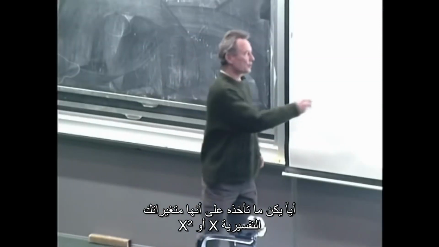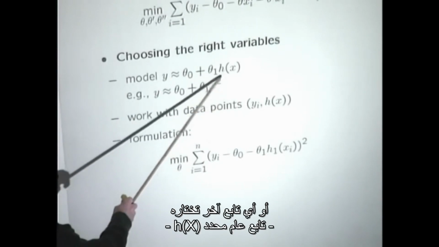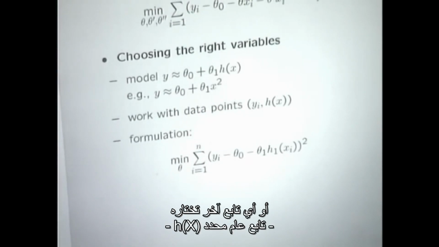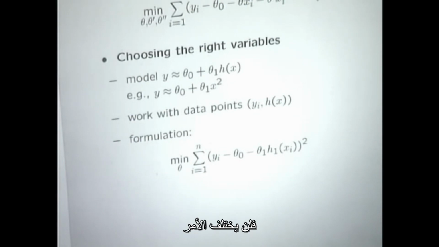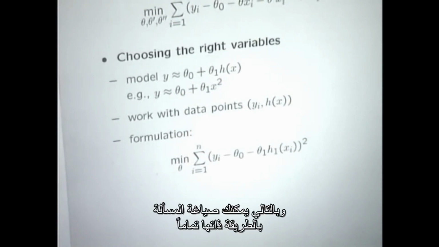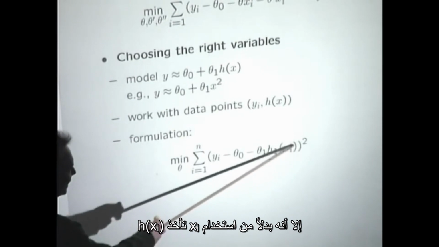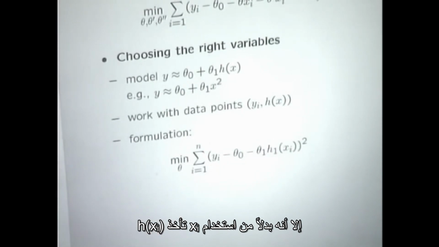What you take as your explanatory variables, whether it's x, whether it's x squared, or whether it's some other function that you chose, some general function h of x, doesn't make a difference. So think of your h of x as being your new x. So you can formulate the problem exactly the same way, except that instead of using x's, you choose h of x's.